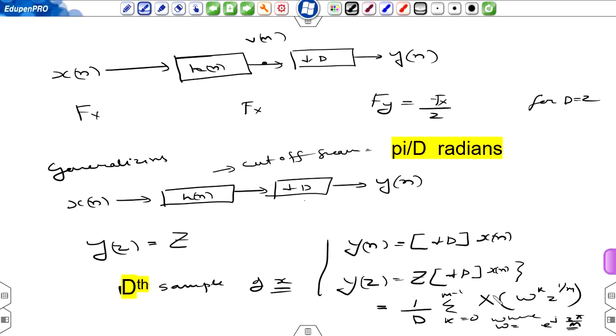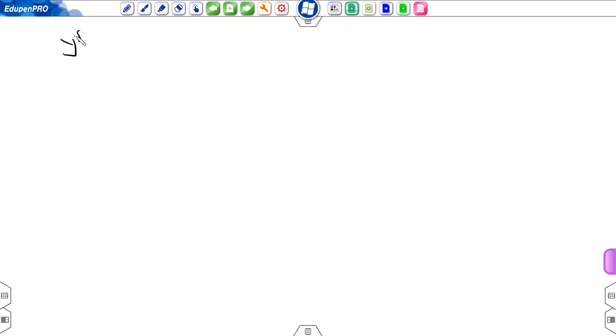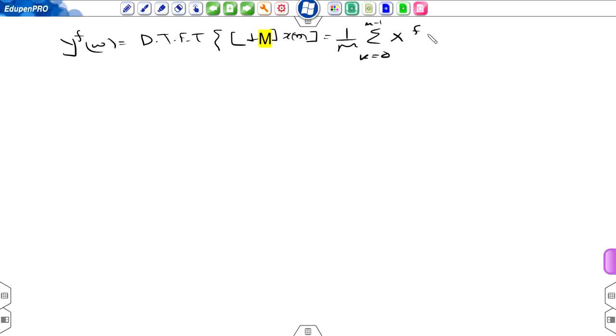So it is very easy to derive this, and Y of omega is the discrete time Fourier transform of y[n], that is x[n] downsampled by D, that is equal to 1/D summation k equal to 0 to D minus 1 X of omega minus 2πk/D.